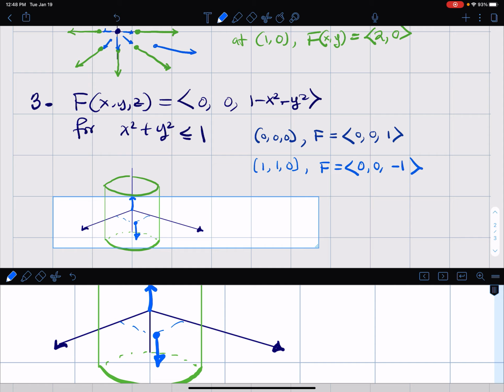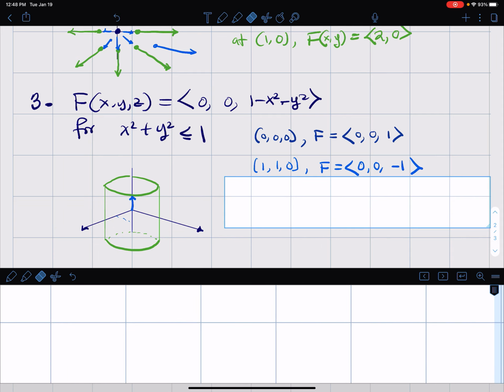We cannot have 1, 1, 0, actually, because it doesn't fit into the cylinder. So let's delete it from our vector field.